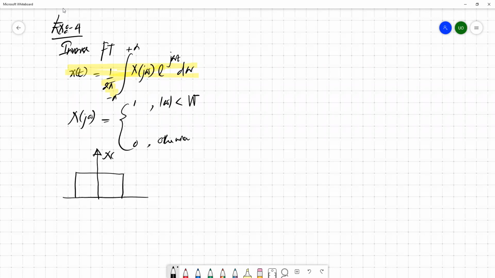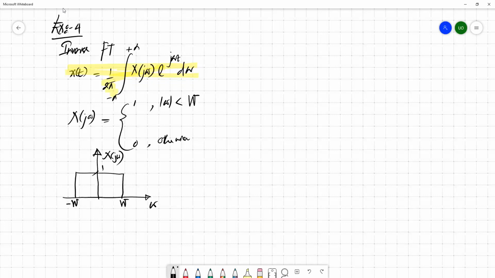So this is X(j omega), and here the value is 1. Previously we discussed a kind of pulse in the time domain.